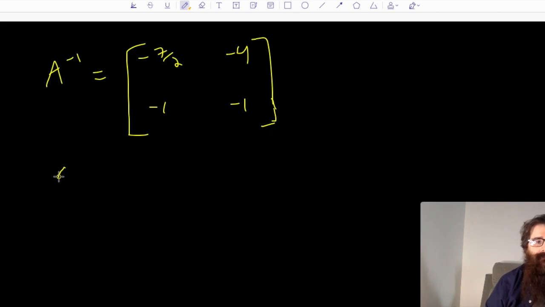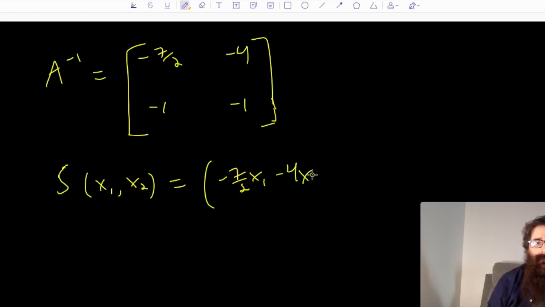But we'll say here for the inverse, s of x1, x2 is going to be given by, and here I can do a functional notation as well, a first entry, -7/2 x1 minus 4x2, coming from that top row, and then a comma separating. My second row is going to be the second output. That's -1 x1, or just negative x1, and then plus -1 x2, so minus x2.